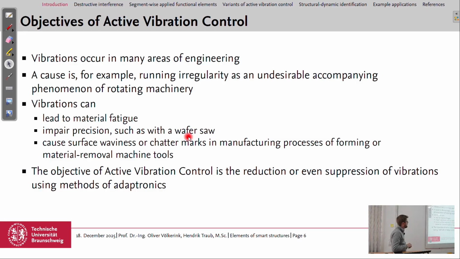If we look at very high precision devices, such as wafer saws, for example, they could also cause surface waviness and chatter marks in manufacturing processes when we use material removal machine tools. And the objective in general is the reduction or even the total suppression of these vibrations using methods of adaptronics or smart structures.